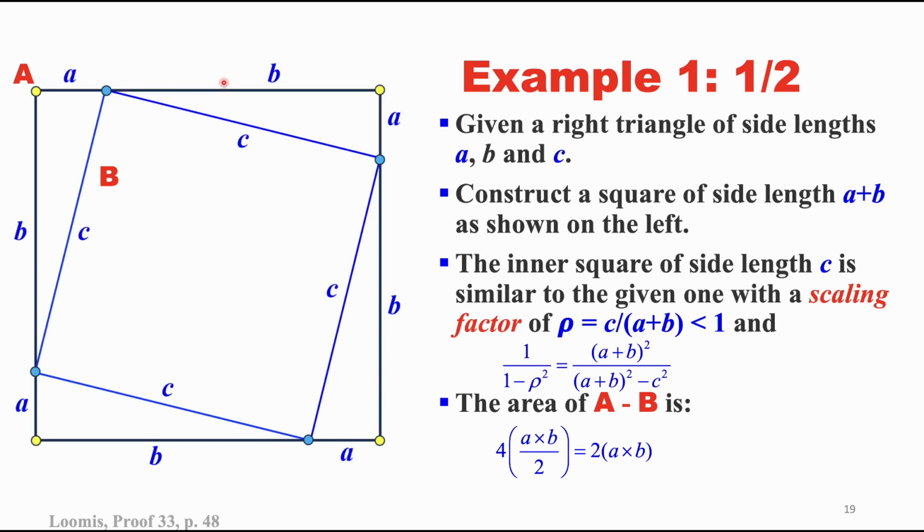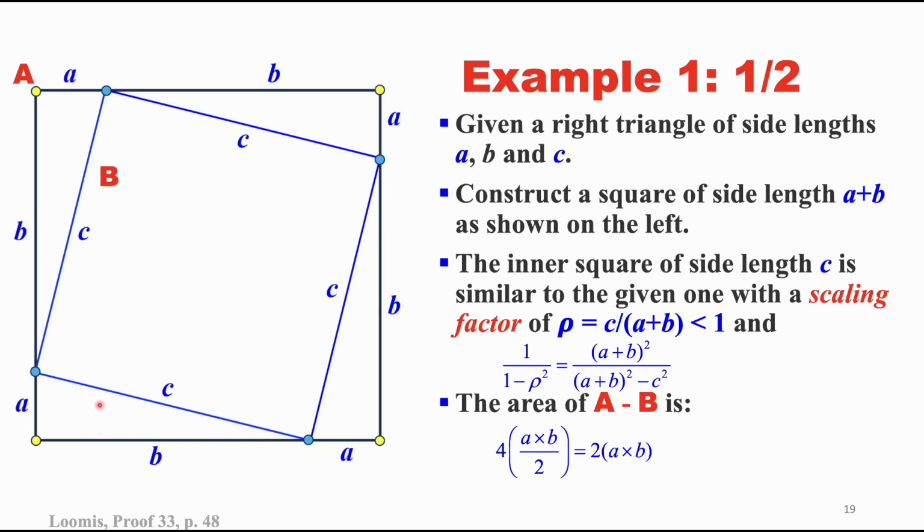So in this case, A is the square of side length a plus b. And because the right triangle, the given one, has legs a and b, and c is its hypotenuse, inside of A we have a square B, whose side length is c. Therefore, in this case, B is this inner square. A minus B is the sum of these 4 right triangles.